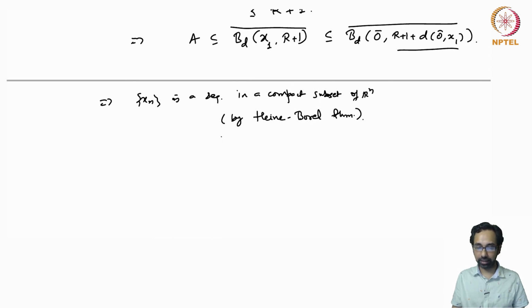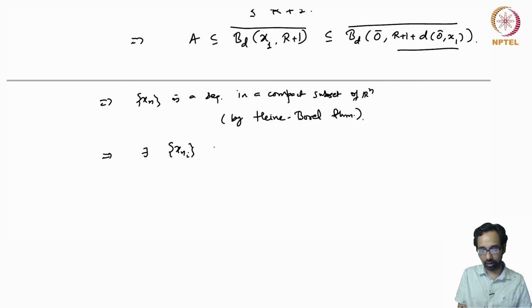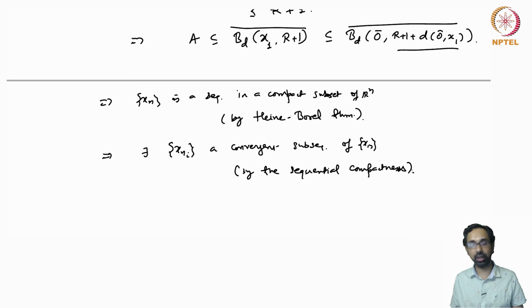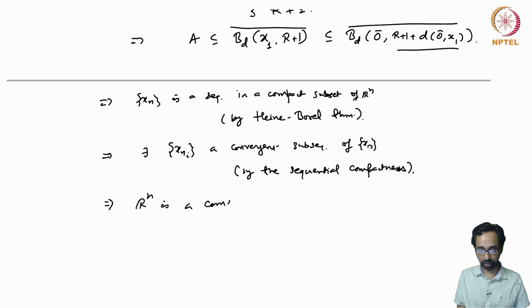Therefore, this sequence is a sequence in a compact subset, and therefore there exists a convergent subsequence xnr of xn by sequential compactness. So here we can use either compactness or sequential compactness, as we have shown that they are equivalent because Rn is a metric space, and therefore we have a convergent subsequence, and this means that Rn is a complete metric space.